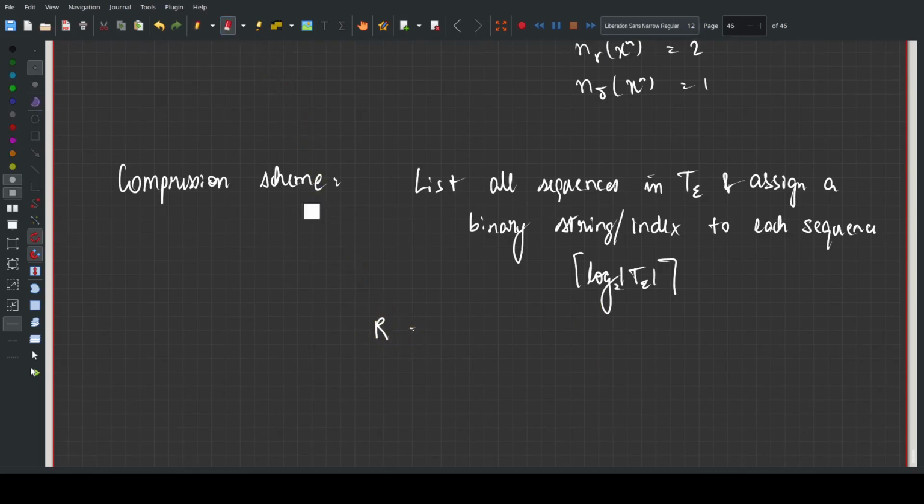Okay, and the compression scheme is the following. The encoder, given this particular input, looks within T epsilon to see whether this particular sequence is present or not. So if the input sequence is in T epsilon, it outputs the index.